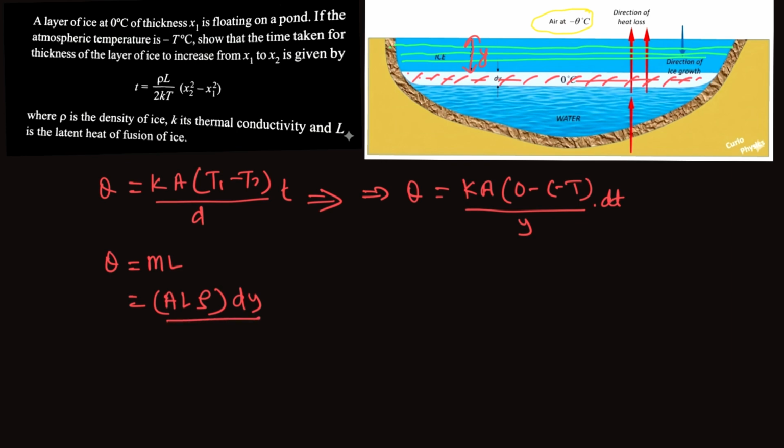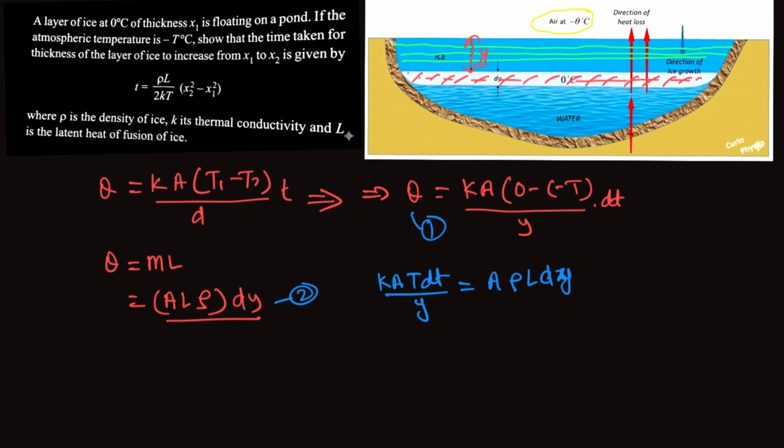If I compare this first Q and this second Q, finally I get K A T dt divided by y, equal to A rho L dy.